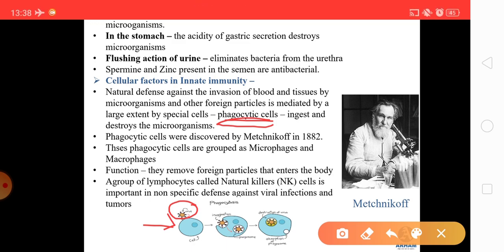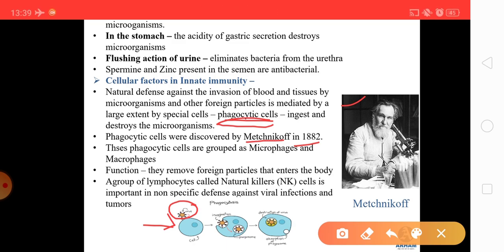These phagocytic cells were first discovered by Metchnikoff in the year 1882. Here is the picture of Metchnikoff. These phagocytic cells are grouped as microphages and macrophages, and their function is to remove the foreign particles that enter our body.